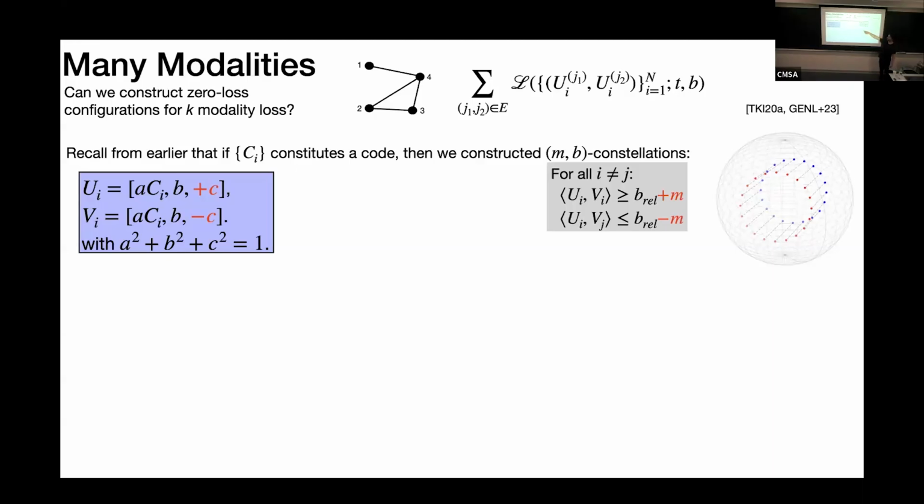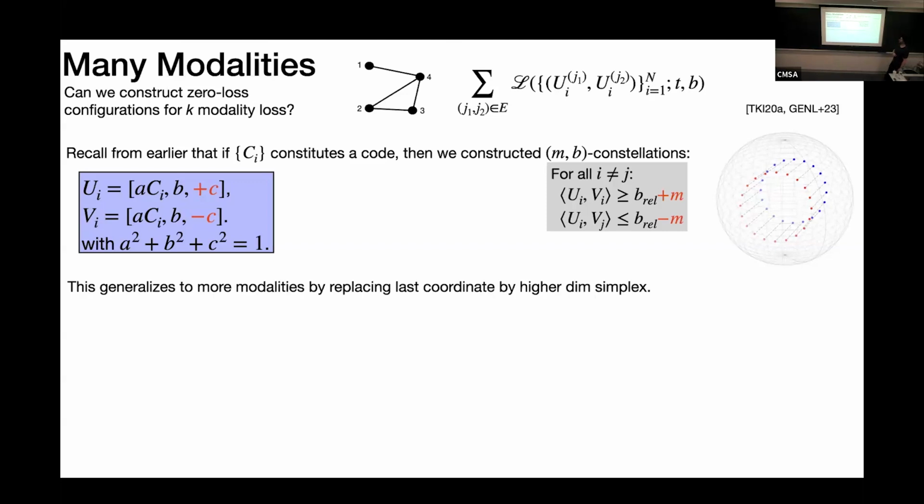So remember earlier the construction of this green region, it started with spherical codes, and then it shifted things into this blue part and red part to produce the MB constellations that were the ones that are zero loss, that are global minimizers. And this generalizes by replacing this last coordinate by a higher dimensional simplex.